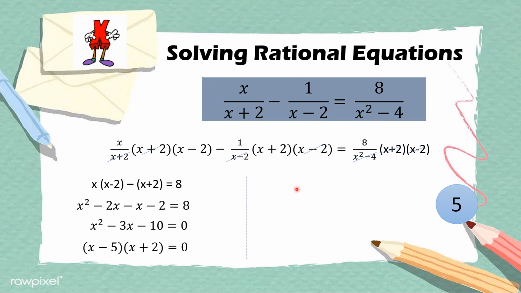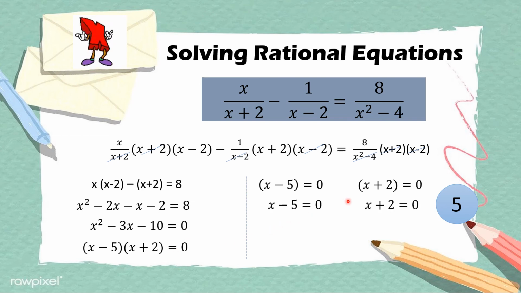if a times b equals 0, then a equals 0 or b equals 0 or both. So here, x minus 5 equals 0 and x plus 2 equals 0. So x minus 5 equals 0, it will become x equals 5.